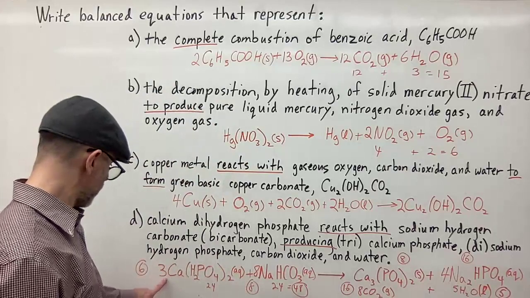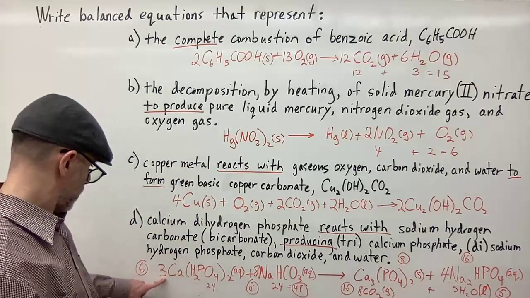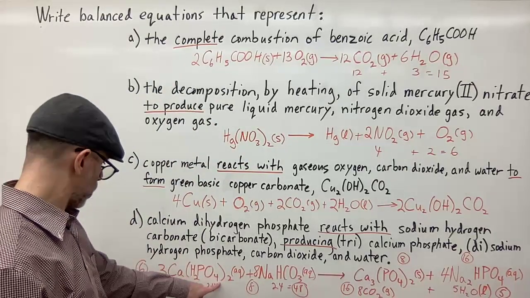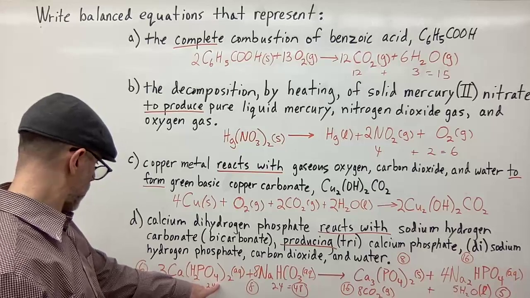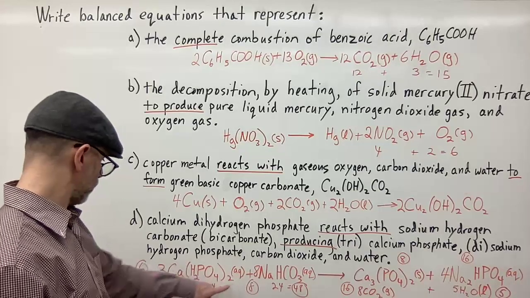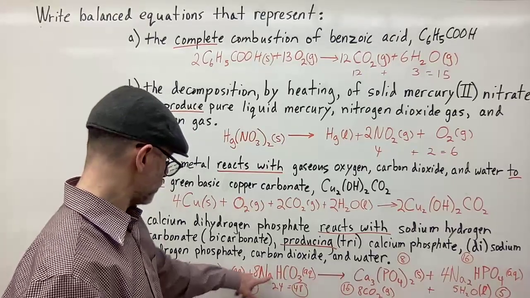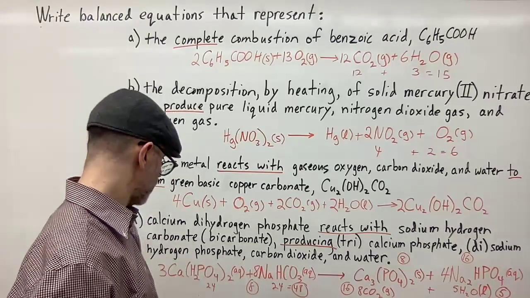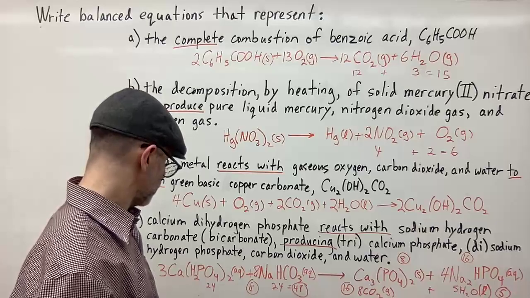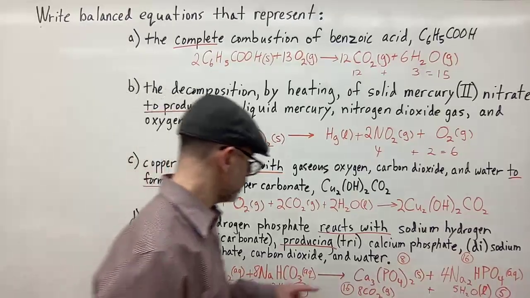So I have 3 times 4 is 12 times 2 is 24. 8 times 3 is 24, so that's 48.